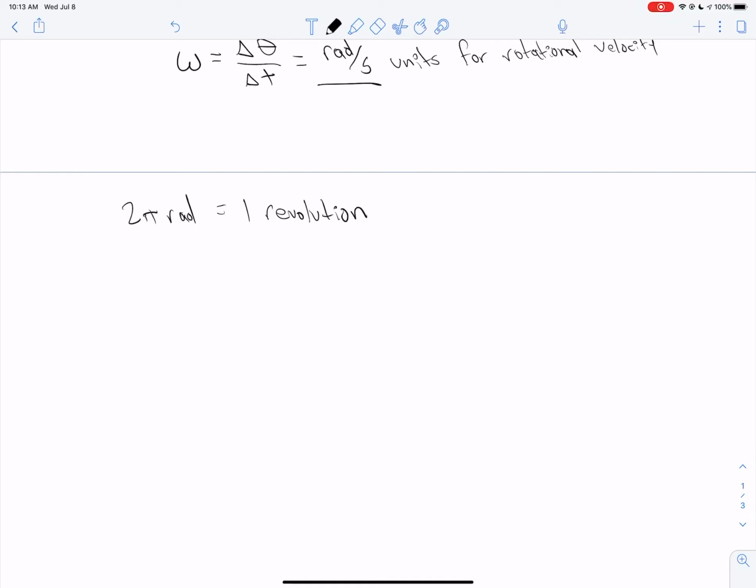With that we can do a practice problem. Let's say we have a helicopter whose rotors spin with an angular speed of 3.2 times 10 to the second revolutions per minute.